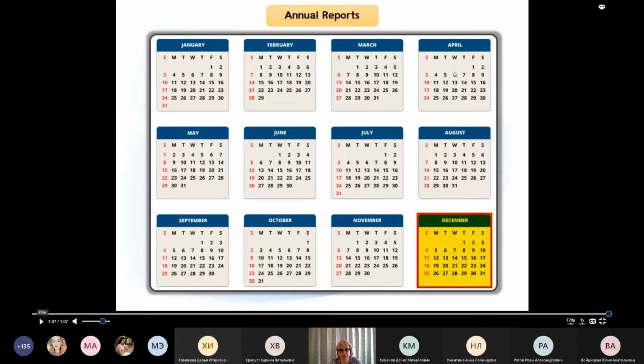But if we take the second quarter, April, May, and June, in the accounting process, we should aggregate information from the 1st of January up to the end of June. And of course, we call this statement a quarter report, but on the other side, we aggregate information for 6 months. So this is the accounting procedure.